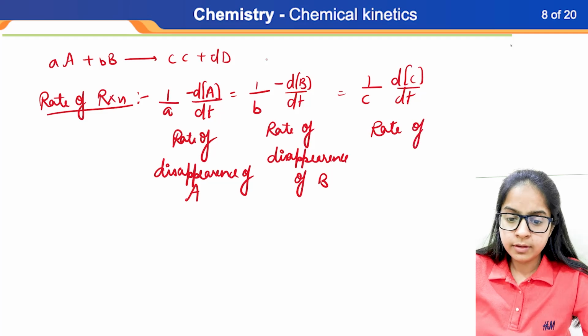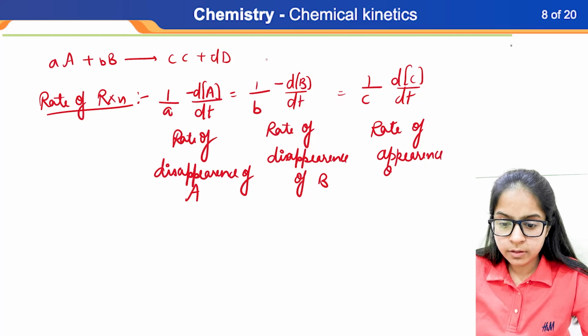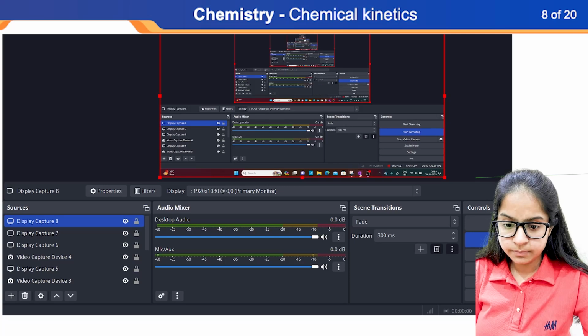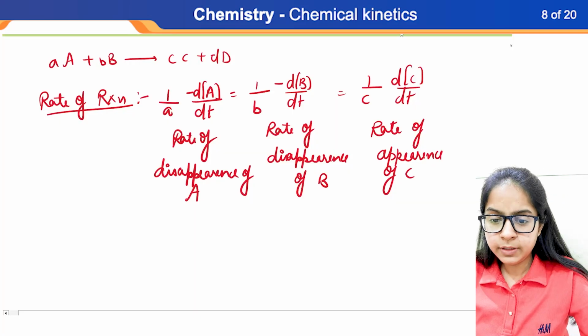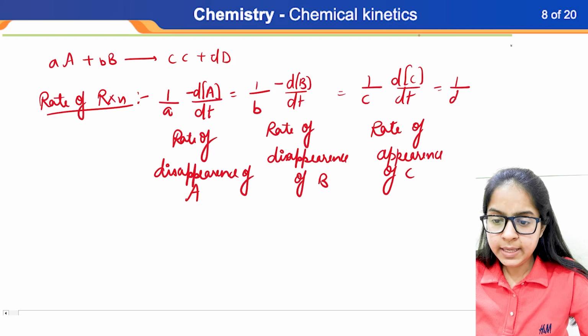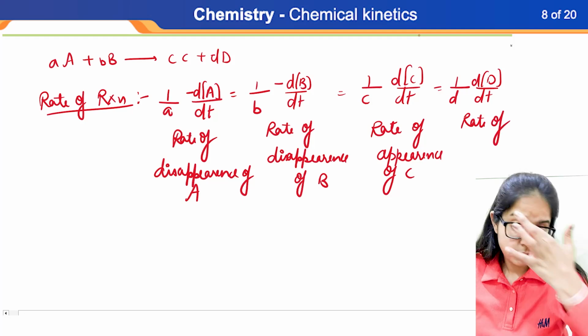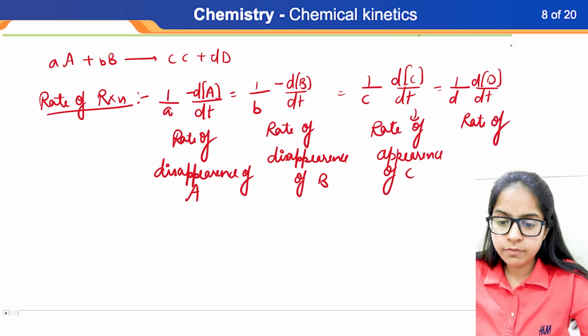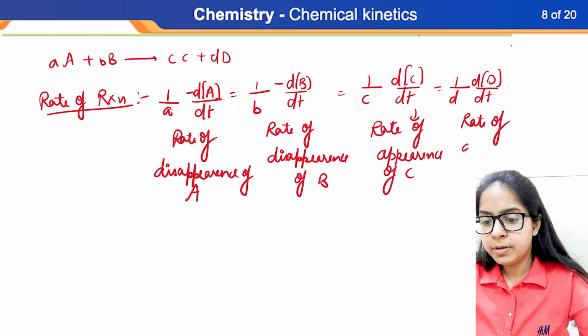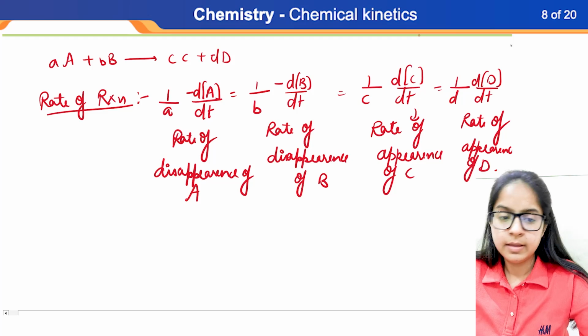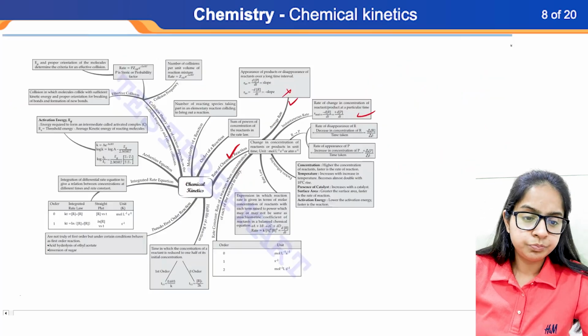This is the rate of appearance of C. After that, 1 by D dD by dt, this is the rate of appearance of D. I hope I am clear to you.